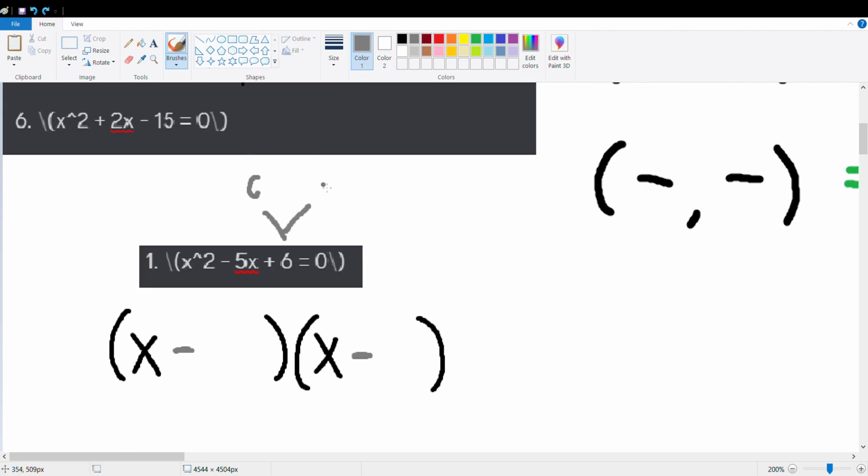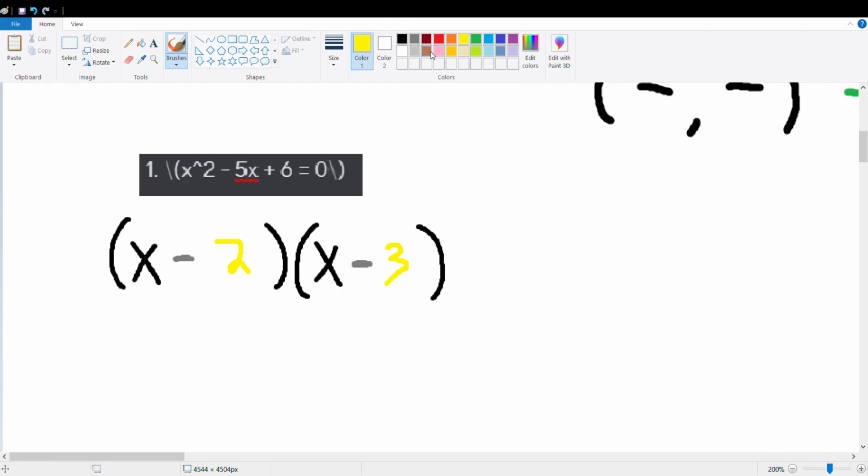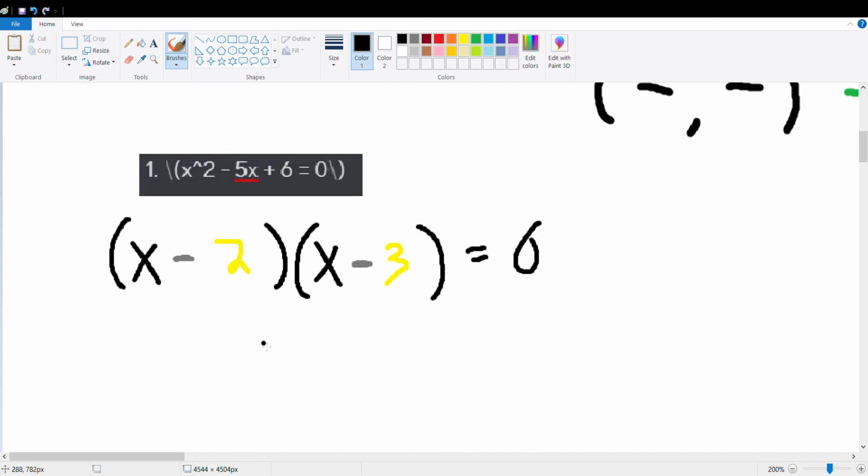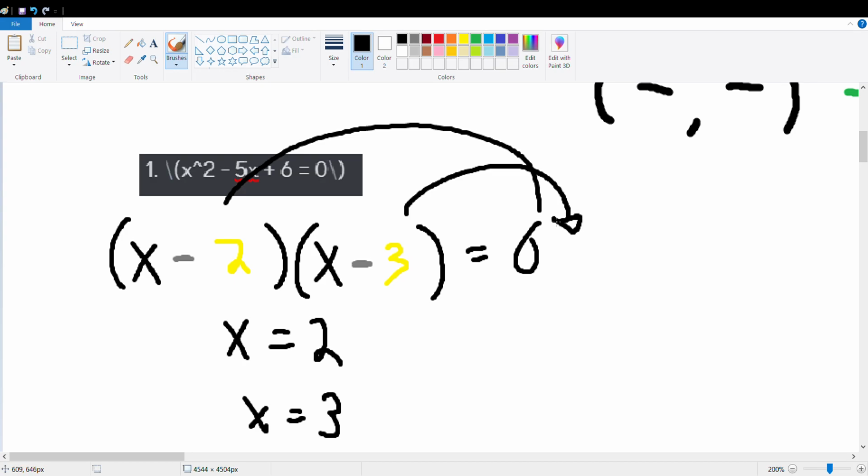Or you can mentally math it. You can just look at it and immediately guess that, okay, negative 3 minus 2 is negative 5. So 3, 2, or it can also be 2, 3. Depends. So it is equal to 0. And of course, you'd also try to find the solution for that. So x equals 2 and x equals 3 by transposing each side.